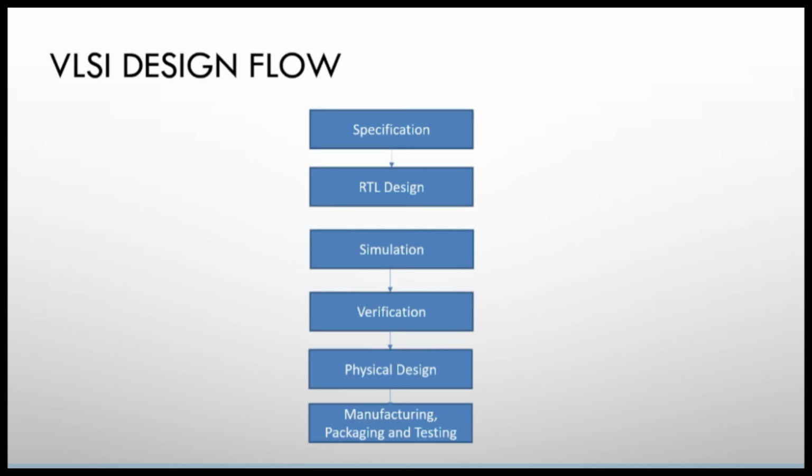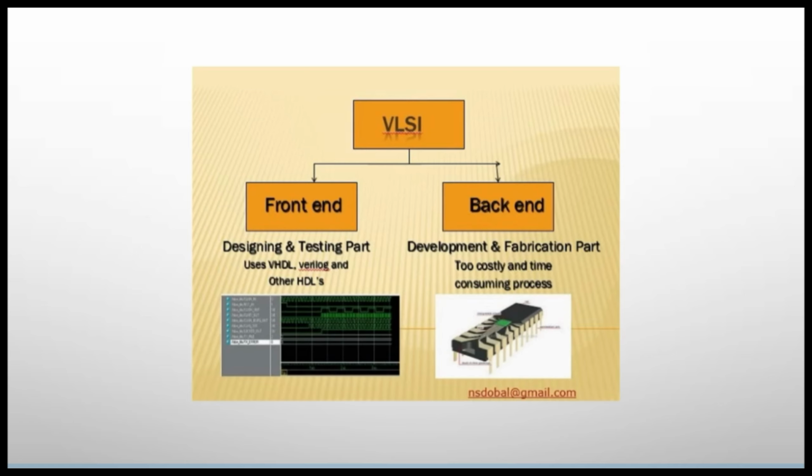Basically, RTL design, simulation and verification are all a coding part. You will be writing the code and verifying it, and modifying it when there are any bugs. Everything is done in a coding way, which is why it is categorized as front end. In the front end, you deal with everything regarding the designing and testing, the coding part.